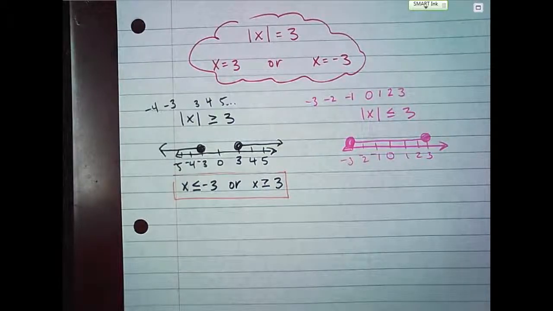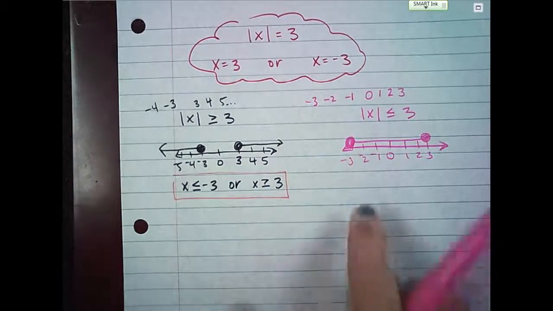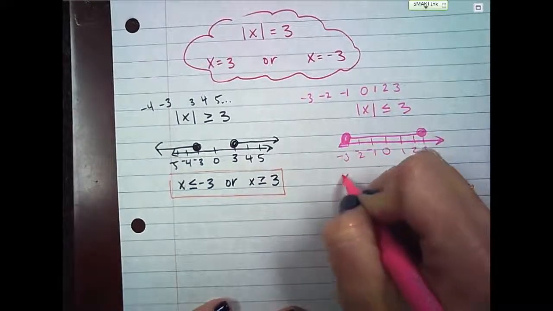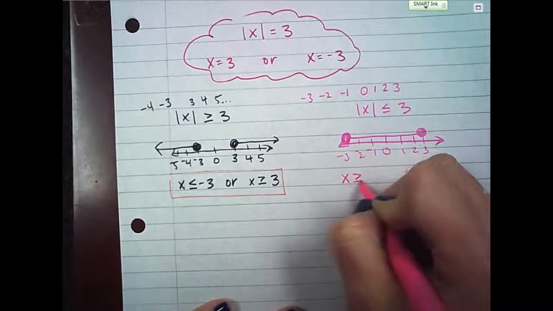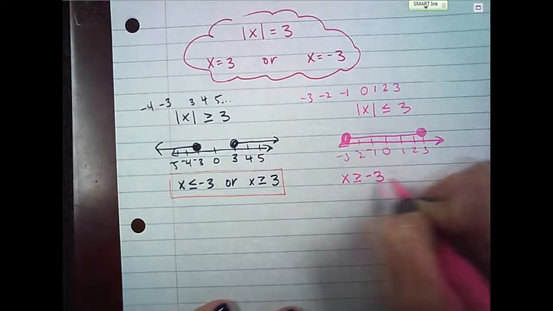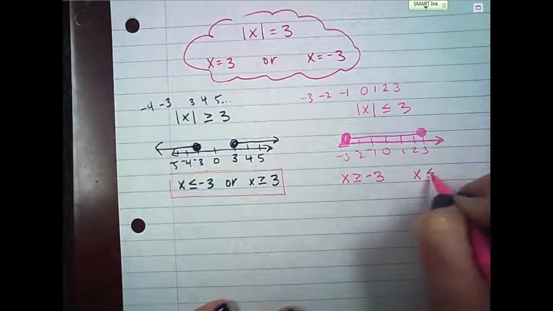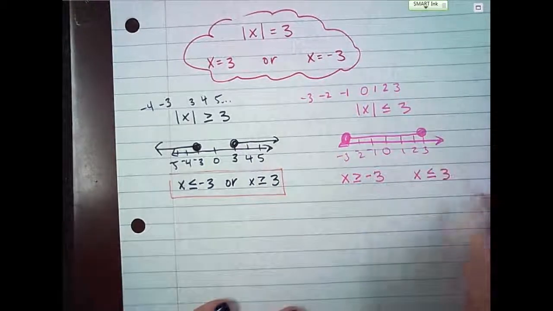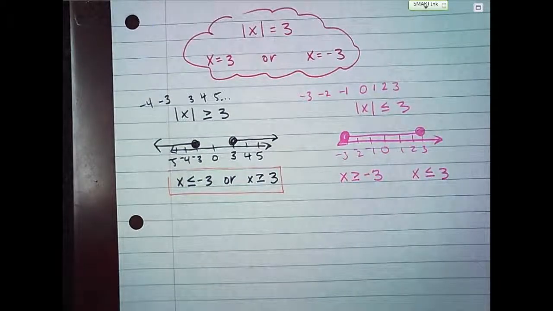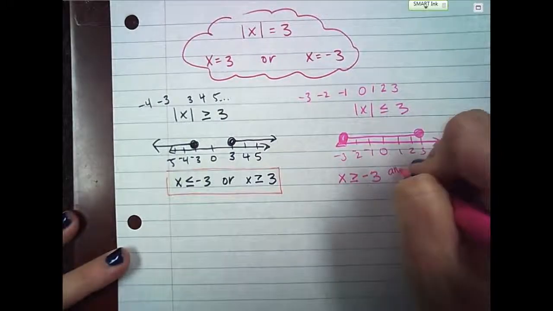Agree? Okay, so if you take a look now at this, this is saying I want x to be greater than or equal to negative 3, and x to be less than or equal to 3. But it's not an or situation, it's an and. They call this a conjunction instead of a disjunction. This is an and.